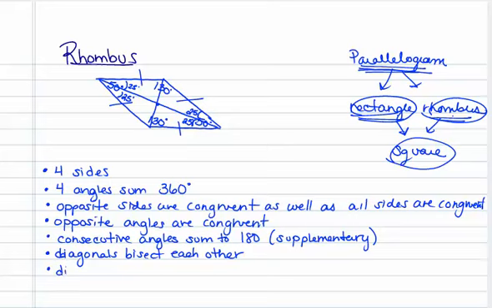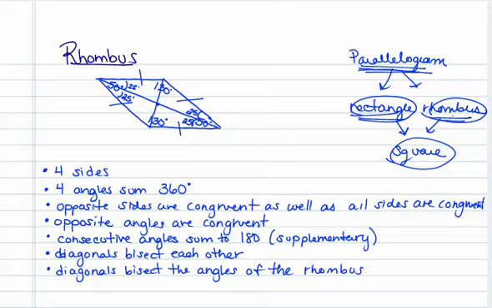So the diagonals bisect the angles of the rhombus. And that should have been something that you noticed on Geometer Sketchpad: I had you measure those angles, and they match up perfectly.